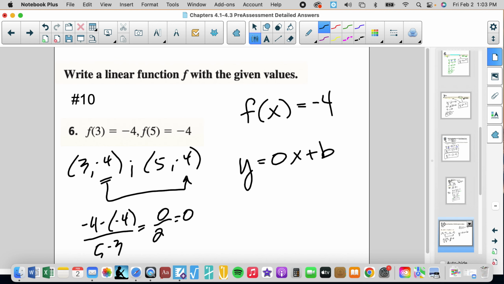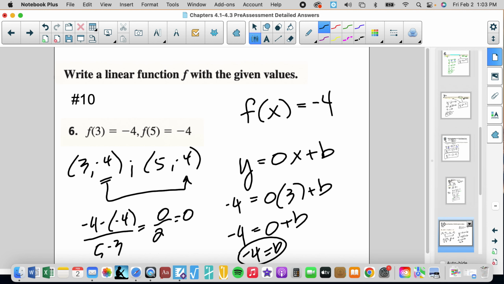We can do it a different way, not using point slope. We can take one of those points and plug it in for x and y. So we get -4 equals 0 times 3 plus b. -4 equals 0 plus b. -4 equals b. So I have my slope of 0.